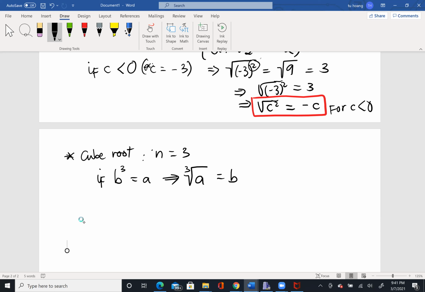Yes. Okay. So this is called the cube root.